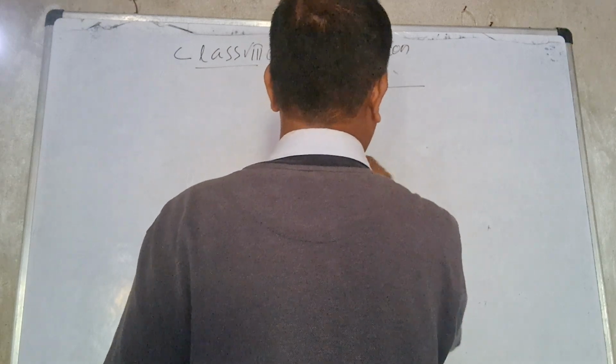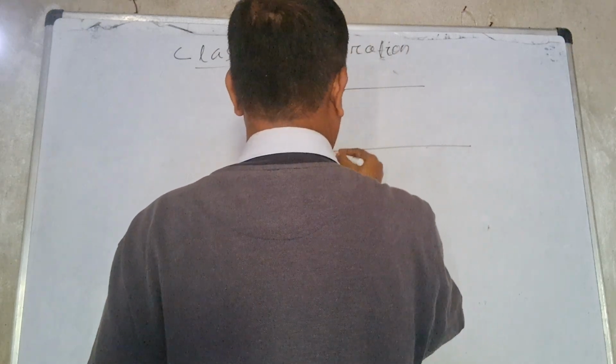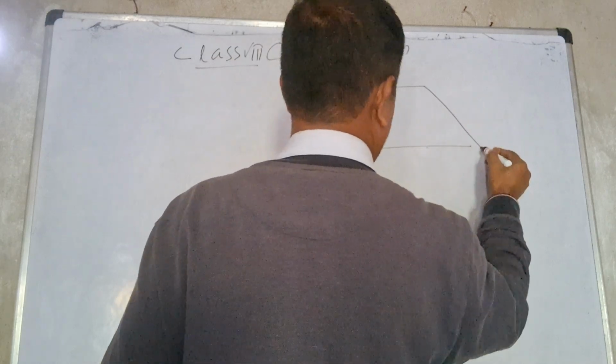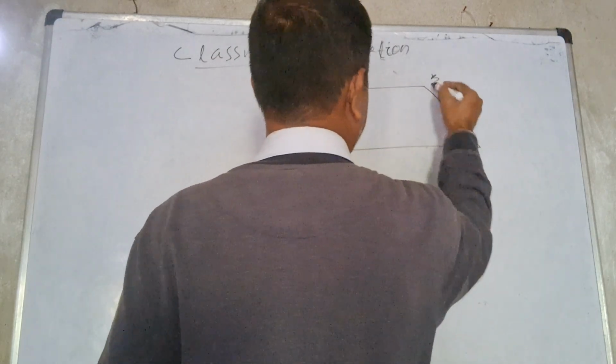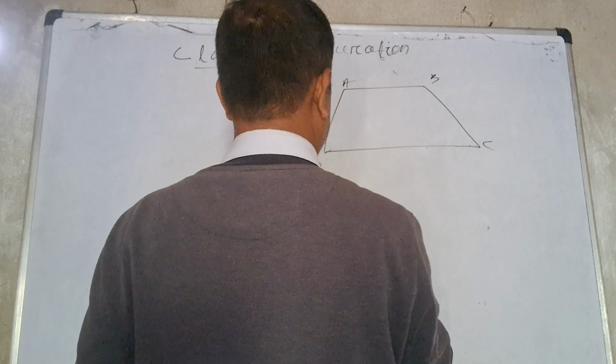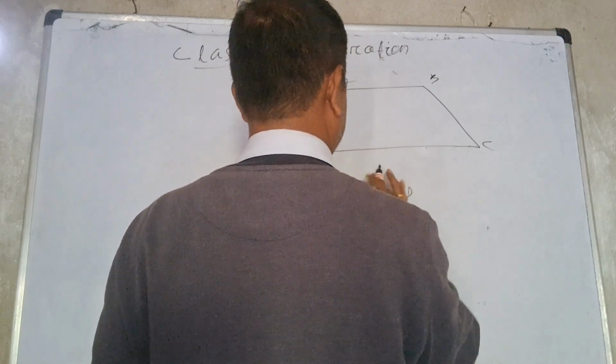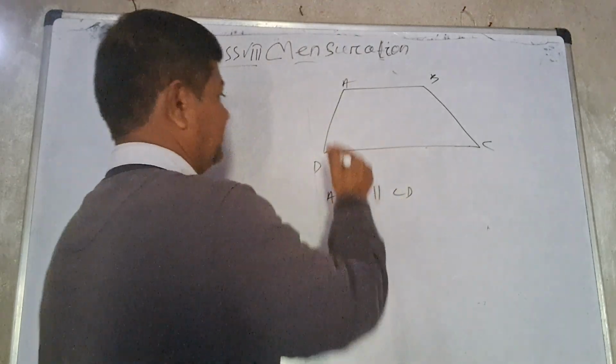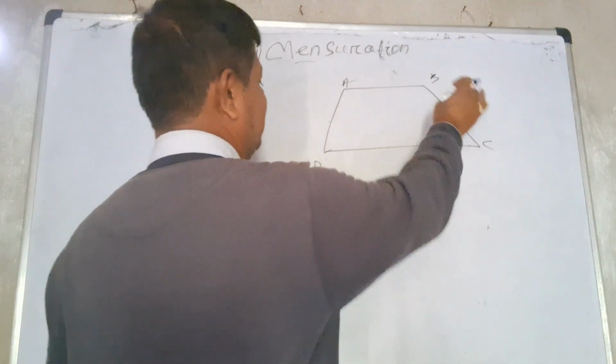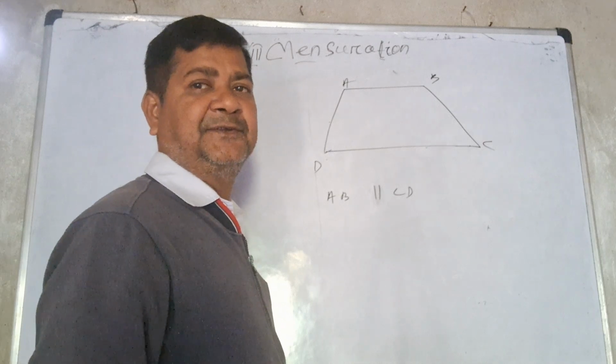Look at the figure. ABCD, AB parallel CD. AD and BC are two non-parallel sides.